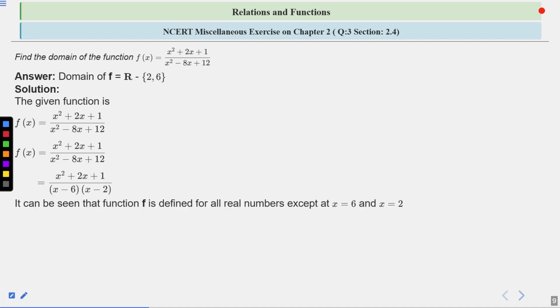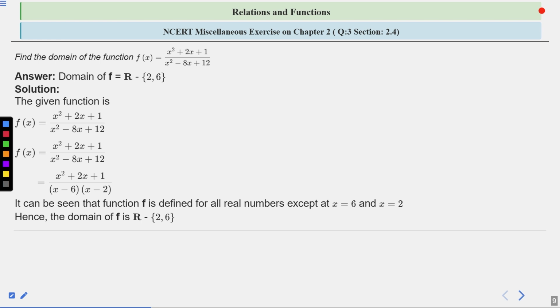Now if you put 6 and 2, the denominator becomes 0, but you do not want your denominator to be 0. So you just eliminate 6 and 2 from the domain set.